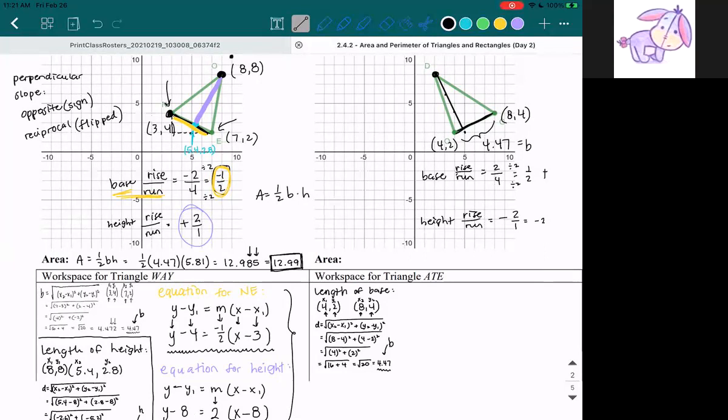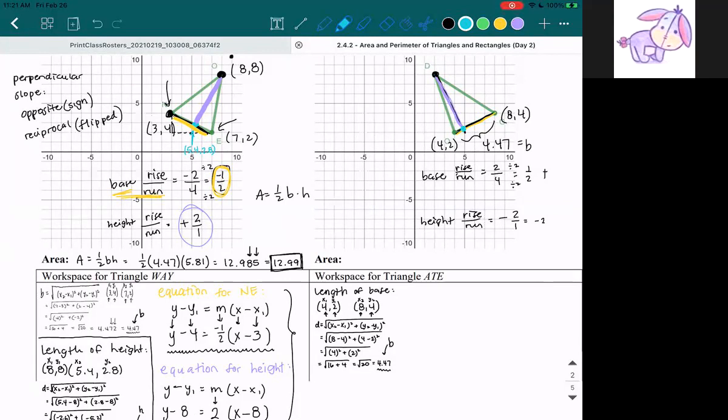So now that we've drawn in our height, we need to write an equation for the base, write an equation for the height, so that we can find the intersection point. Oh my gosh, okay. This is your intersection point, and it's really hard to tell what it is. So we're going to have to, once again, find the equation for this base, find the equation for this height, and we're going to type them into Desmos in order to get our intersection point.